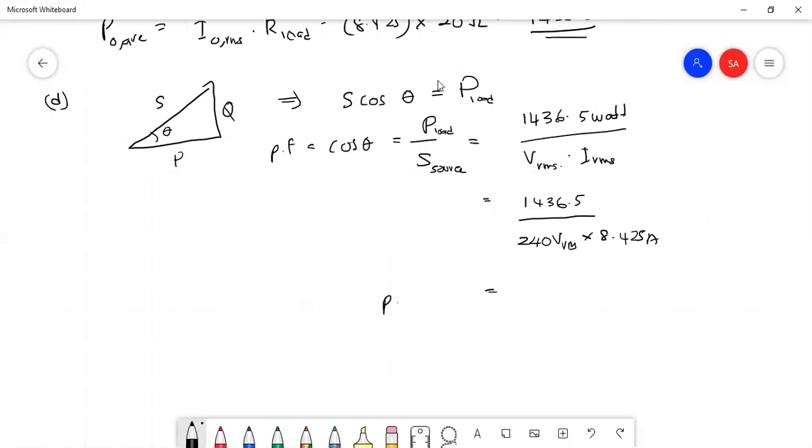This will give you the power factor, cos theta, of 0.7071, and this should be lagging.